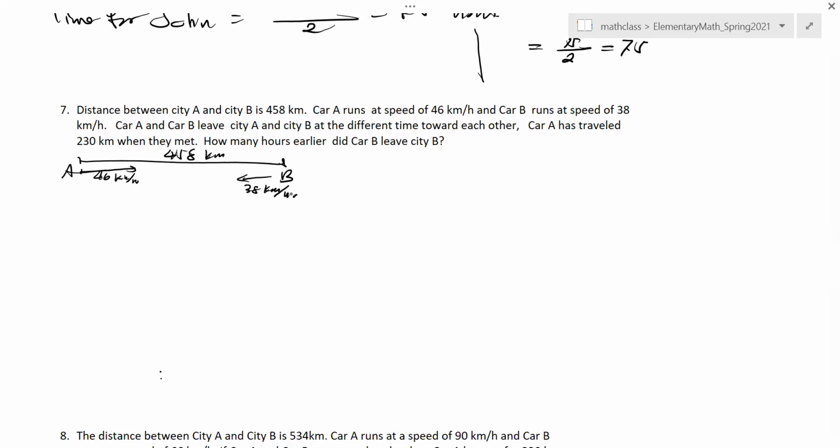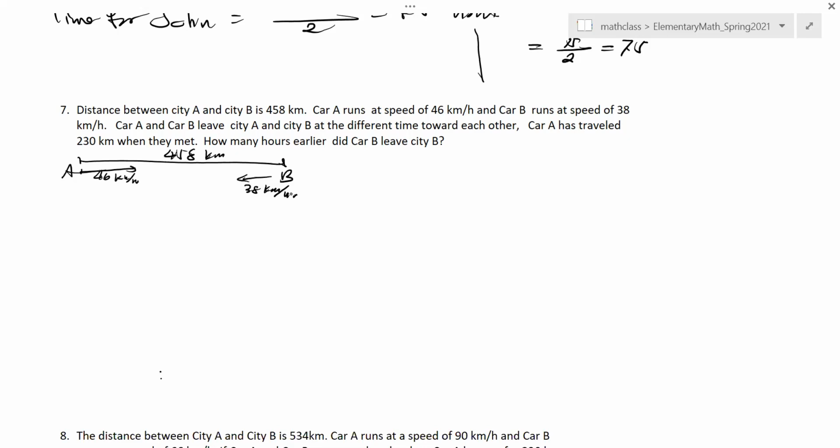So first, we have to figure out that car A and B leave at different times, okay? But when they meet, car A traveled 230 kilometers. So you can figure out the time for each, right? That's my hint.